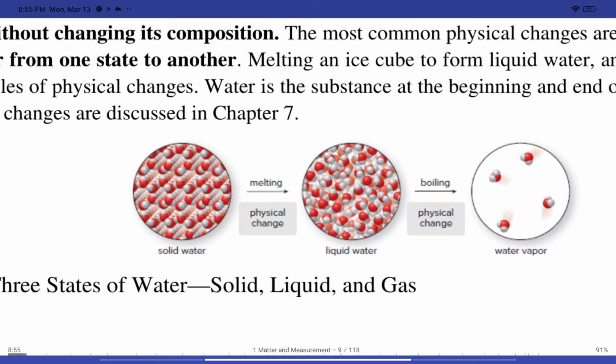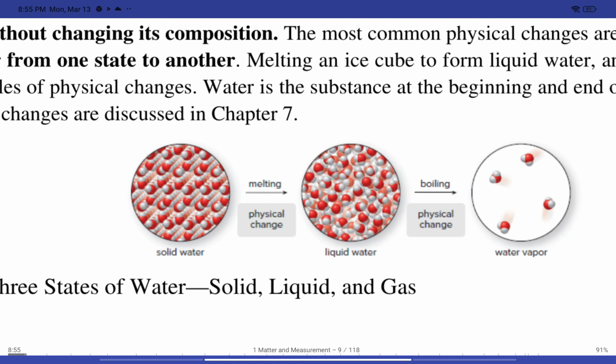And then melting, a physical change, will take place, and this is now liquid water. You can see the molecules or particles of the liquid are not arranged like in the solid. And then you add heat, then you have boiling, a physical change that takes place.